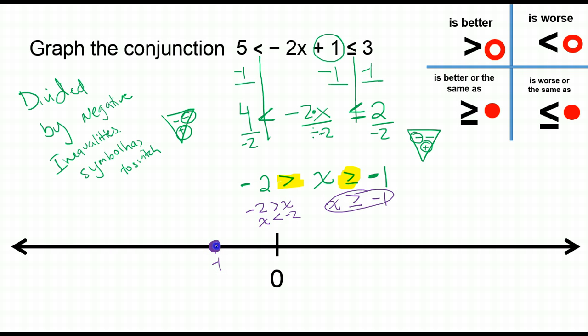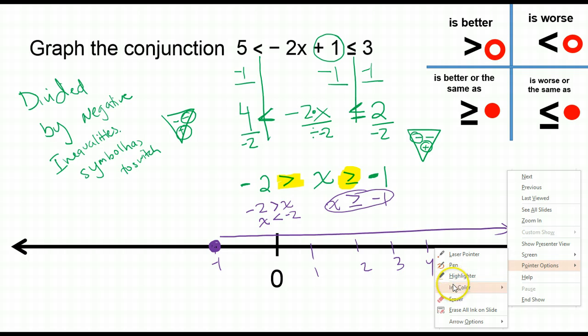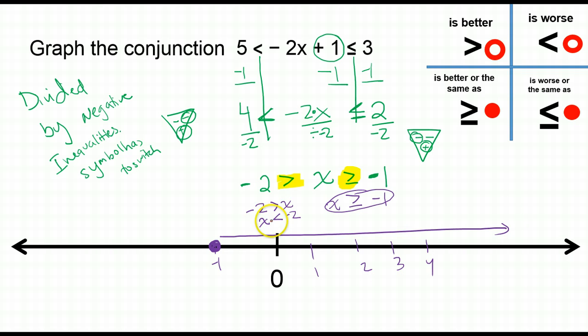Filled in, right? All the numbers that are greater than -1, well, they're all these numbers here. Positive numbers, 0.